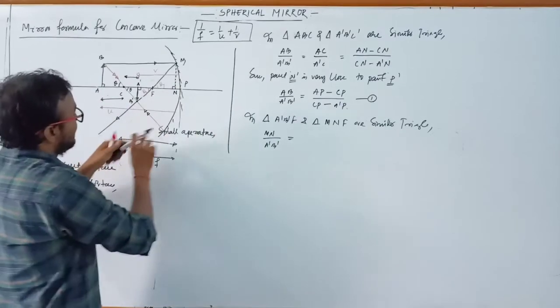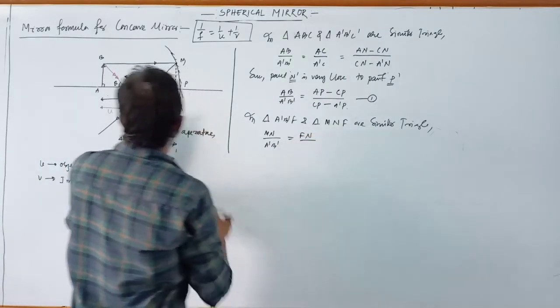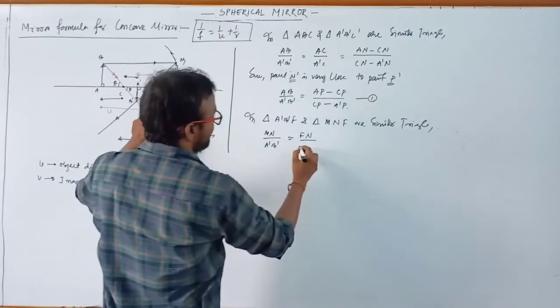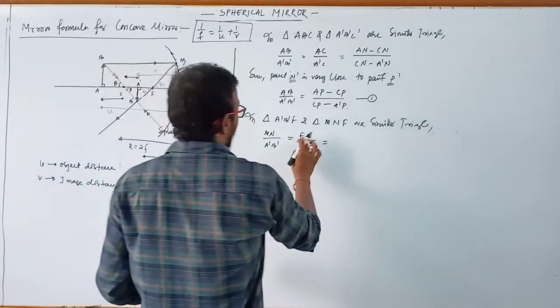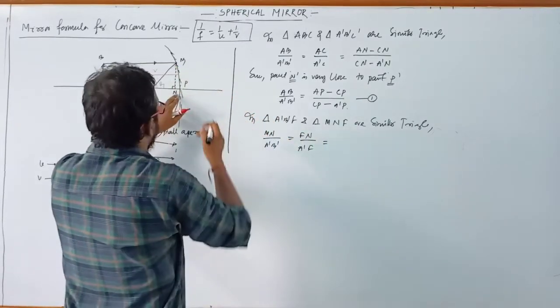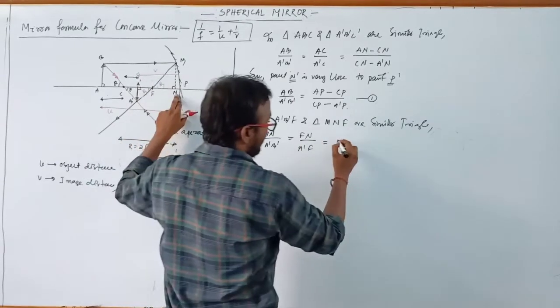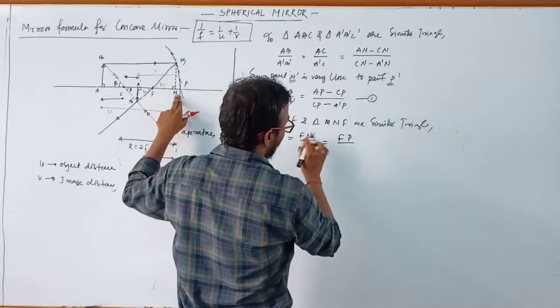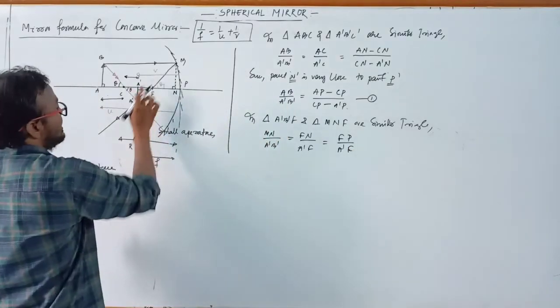Now this distance FN divided by this distance A'F. We can write FN, because here N is very close to P, so we can replace N in terms of P, that is FP divided by A'F.